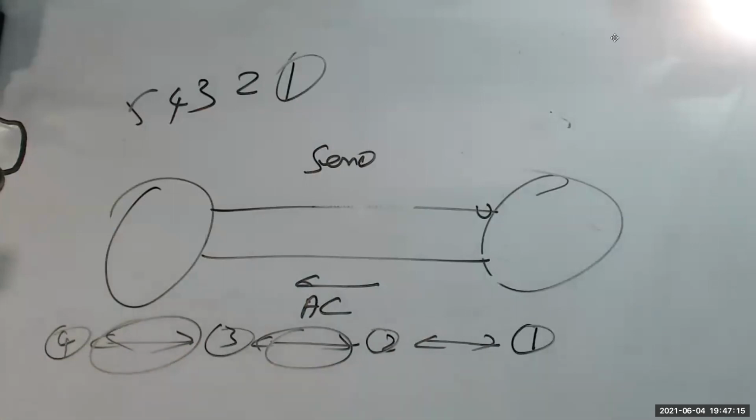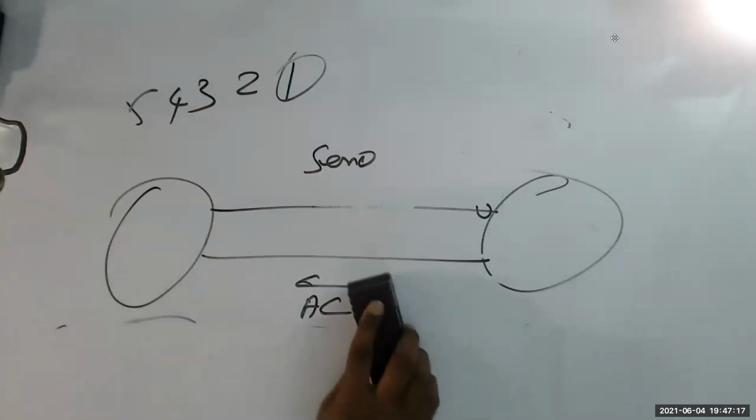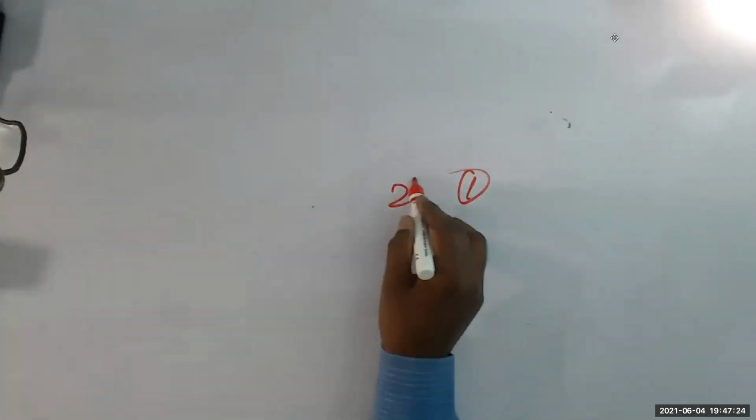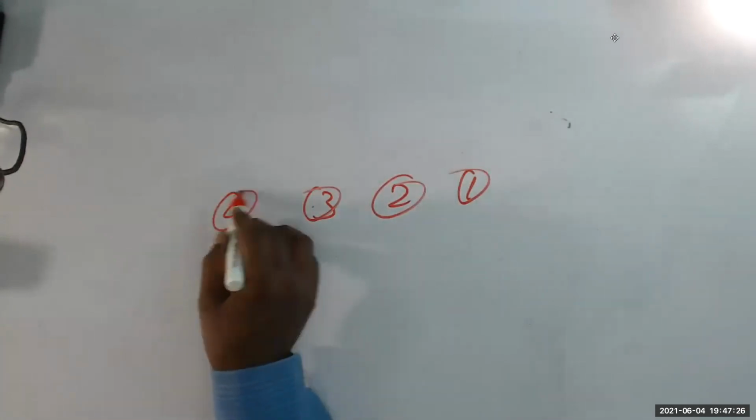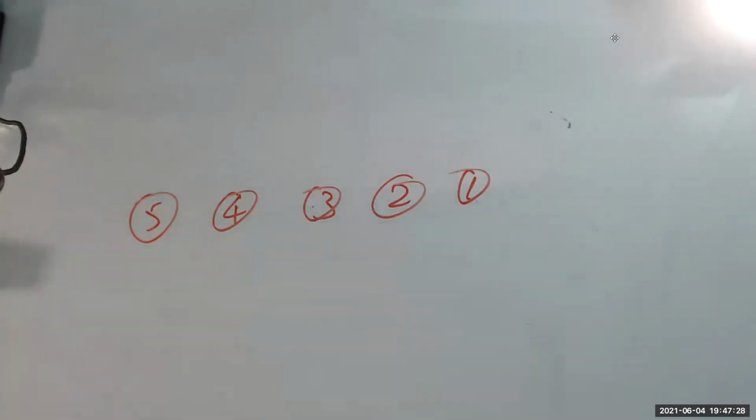So what they are telling is, don't wait. Instead of that, you send 1, 2, 3, 4 continuously. But make sure that you have only 4 packets without acknowledgement.